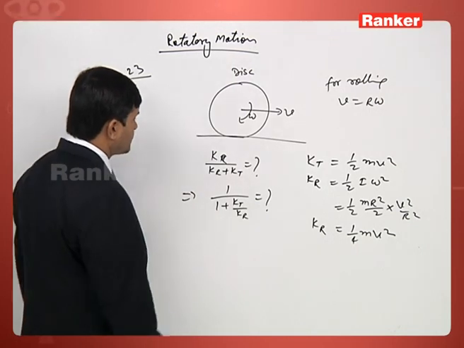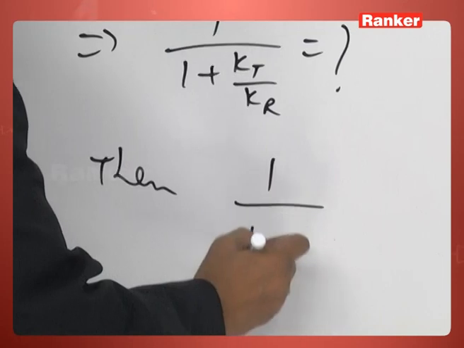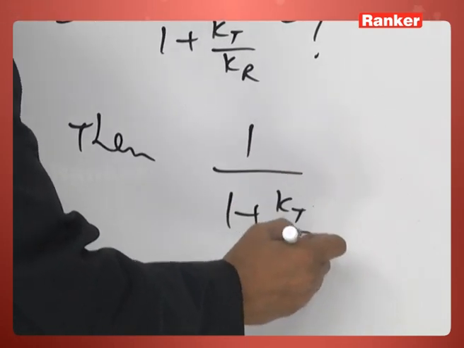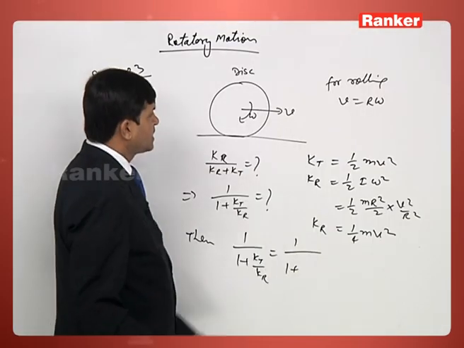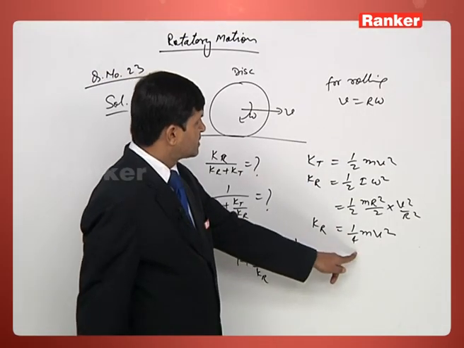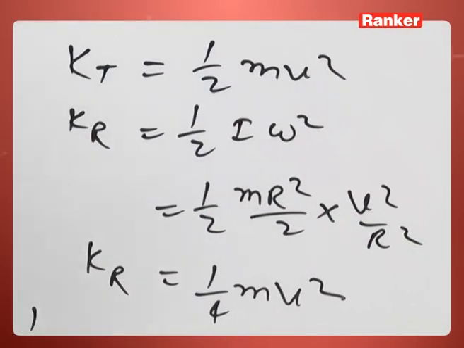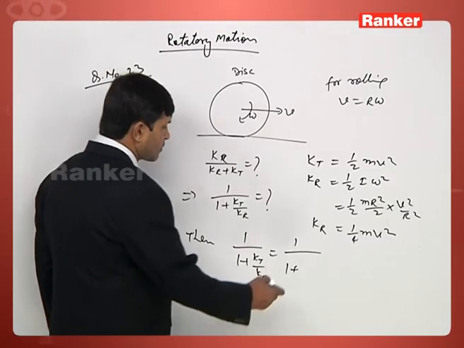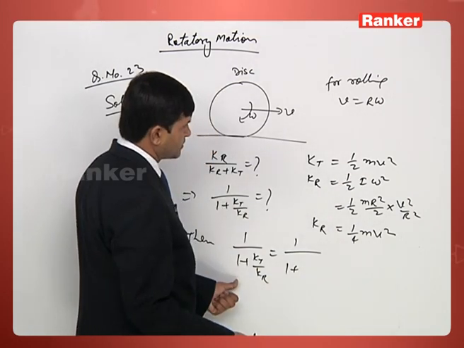So now 1 by 1 plus kt by kr. mv square cancels, so 1 by 2 by 1 by 4. This will be 1 by 2 plus 1 by 4.